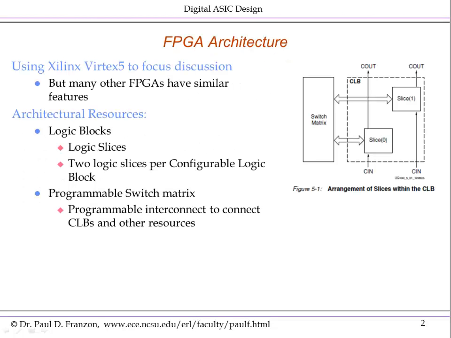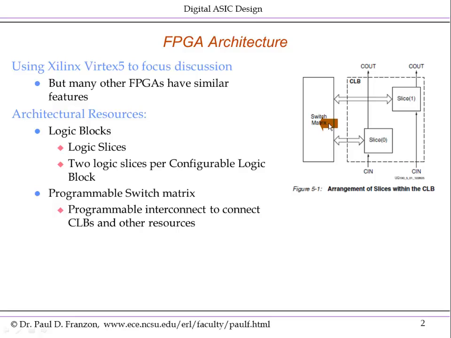So let's look generally at FPGA architecture. There are two major elements within a field programmable gate array. You have CLBs, or configurable logic blocks, which have slices in them that allow you to build combinational and sequential logic of any form mapped onto those slices.